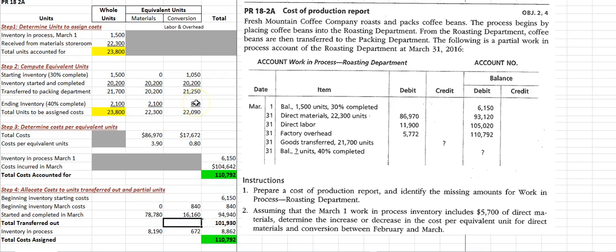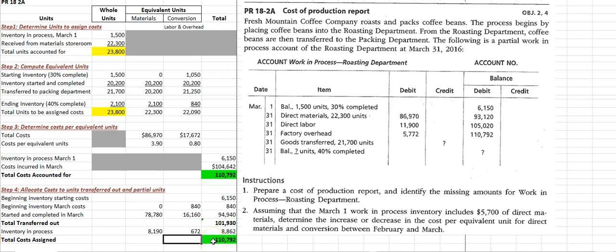As far as conversion costs, we're only 40% complete. So the 2,100 units becomes 840 equivalent units, which we will charge 80 cents per equivalent unit, which means we're going to charge them, as far as conversion costs, 672.